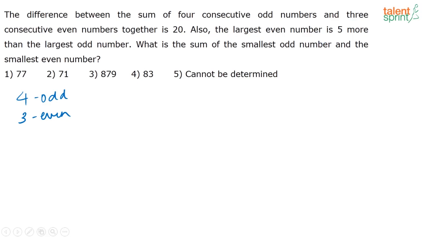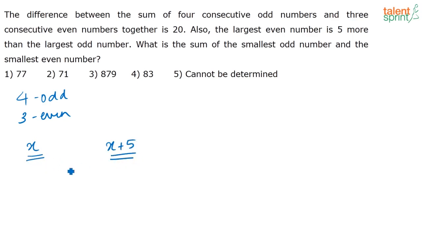One way in which you can do it is, let us assume that the largest odd number is x. Then what is the largest even number going to be? The largest even number is 5 more than the largest odd number. So if the largest odd number is x, then the largest even number is going to be x plus 5.